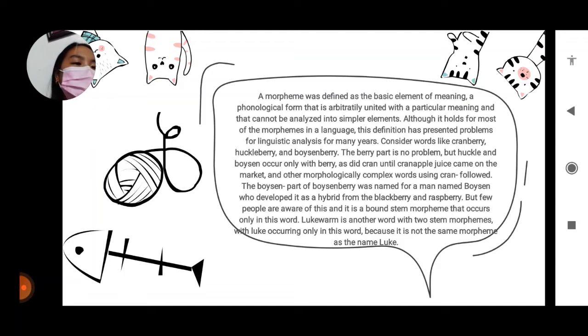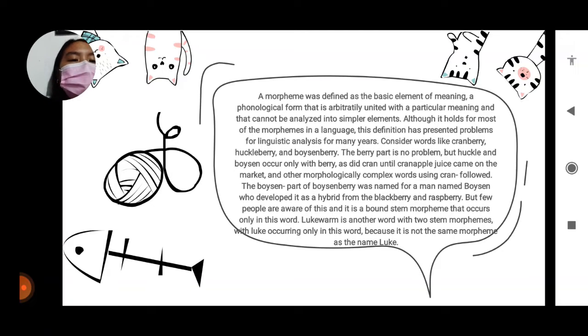The berry part is no problem, but huckle and boysen occur only with berry, as did cran until cranapple juice came on the market, and other morphologically complex words using cran followed. The boysen part of the boysenberry was named for a man named Boysen, who developed it as a hybrid from blackberry and raspberry.